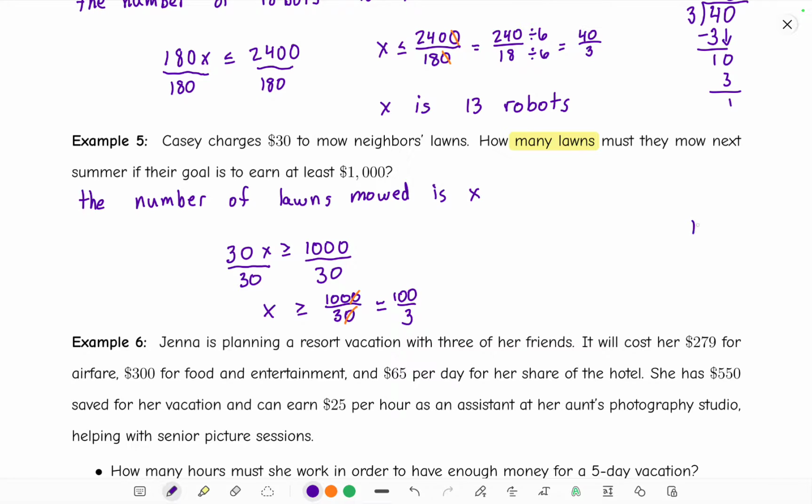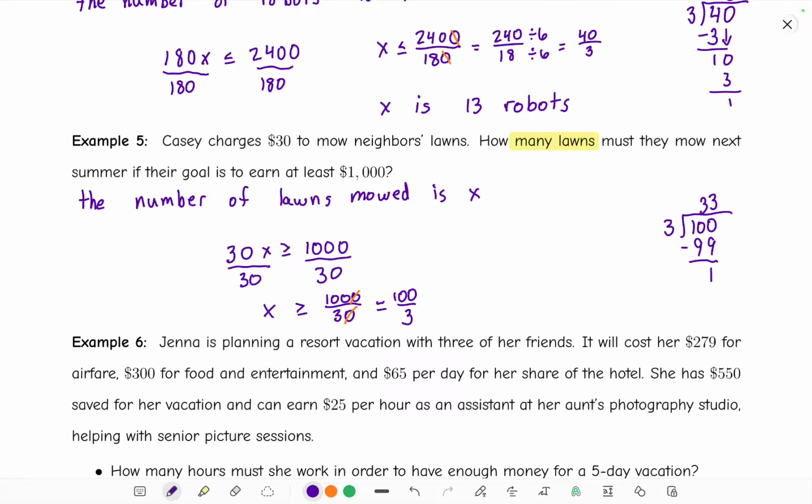So I'm going to take 100 divided by 3. Now, with long division, instead of going one digit at a time, you can go multiple digits at a time. For example, I know 3 goes into 10 3 times, but I also know that 3 goes into 100 33 times. So 33 times 3 would be 99. Subtract, we get a 1.